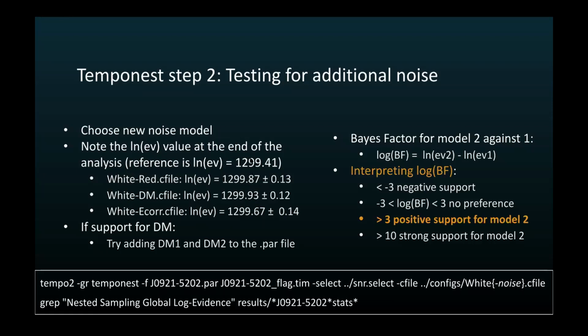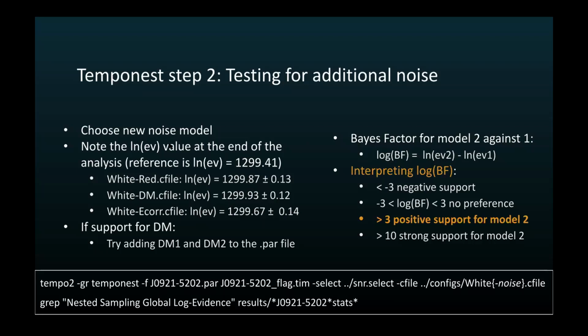Now, that might not mean much yet, and that's fine. The way we interpret this is we form a Bayes factor, which is how we do model comparison. The log Bayes factor is the difference between these values.